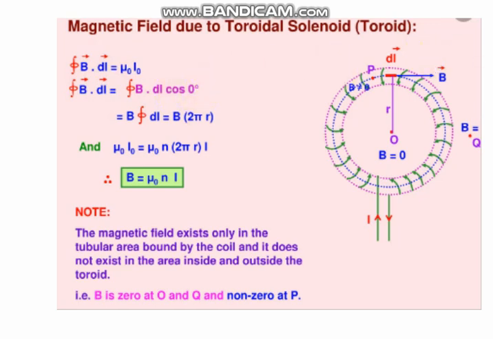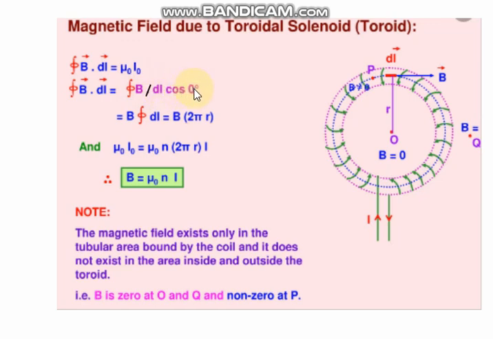After evaluating the dot product, the dot is left out, so our equation will be B dl cos of 0.